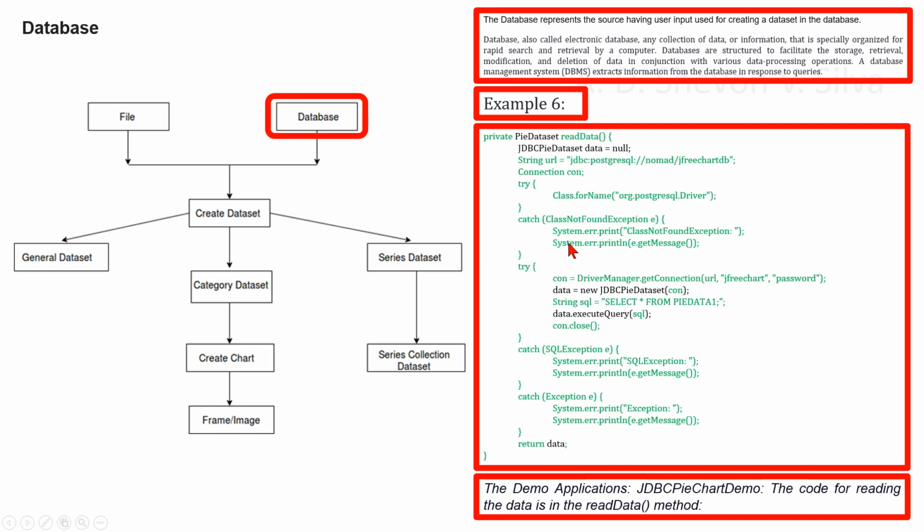A connection is made to the database using the username and password combination, JFreeChart and password. The query used to pull the data from the database is a standard select query, but you can use any SQL query as long as it returns the columns in the required format.